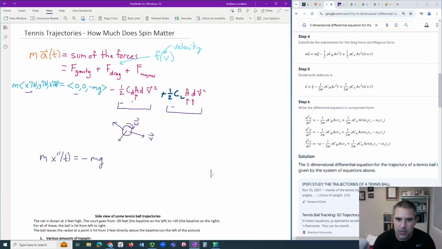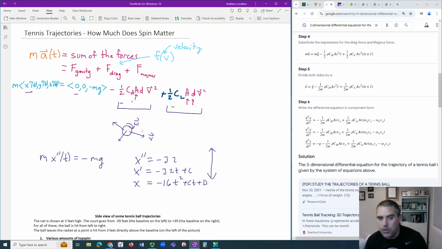And that's just an object going up and down. So we have x double prime is negative 32. We have x prime is negative 32t plus a constant. And this is the stuff you do in Calculus 2, and that's similar to what you're going to do with more variables.